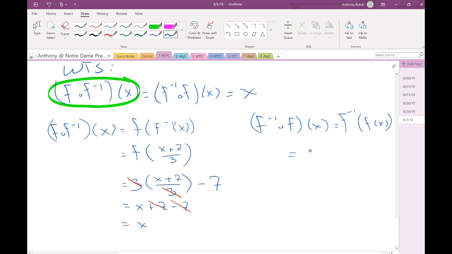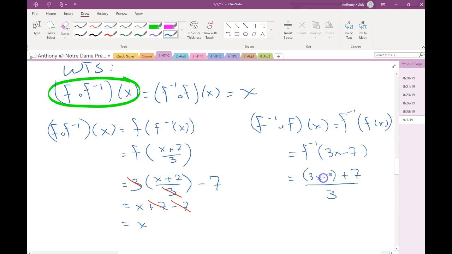So if I do that, I'll start by replacing f of x with its algebraic expression. And then I'll rewrite f inverse, but everywhere there was an x in that expression, I'm going to put a parenthesis.